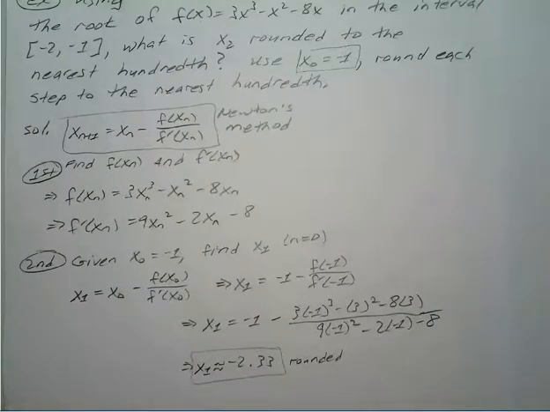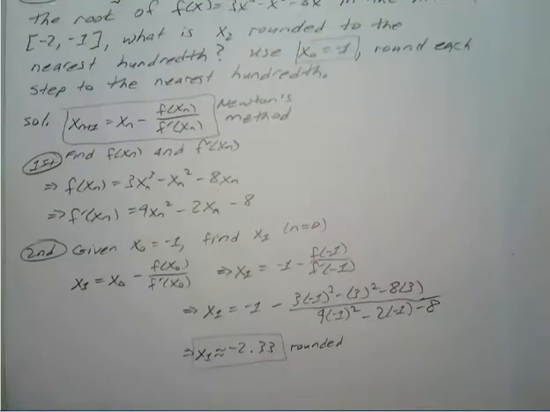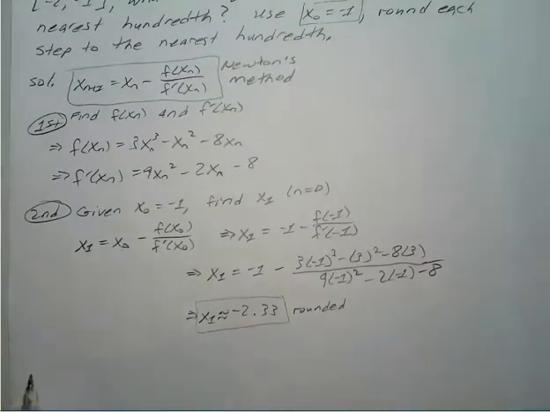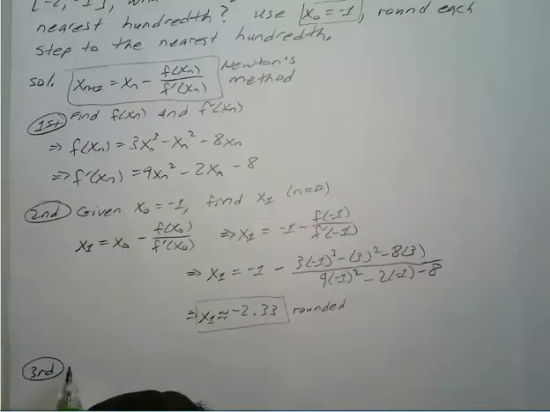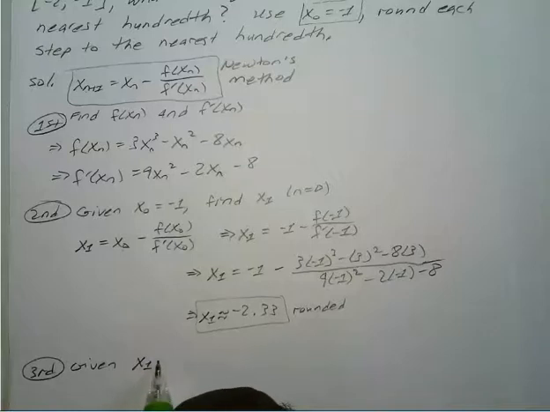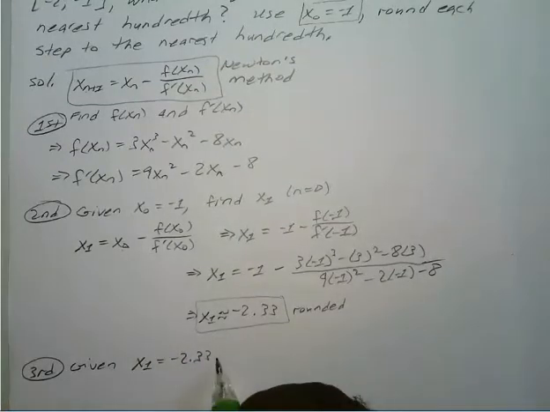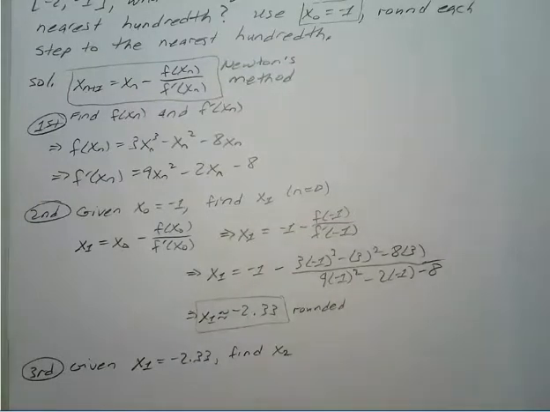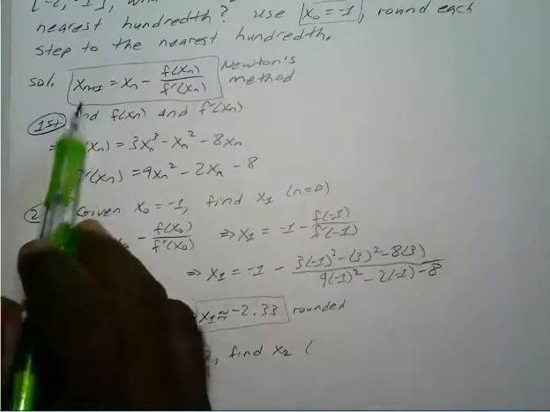All right, so now we go on to our third step and do our second iteration. Once again, given that x sub 1 is equal to negative 2.33, we want to find x sub 2. But in this case, we're going to make our n equal 1.